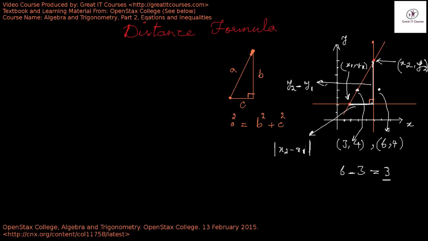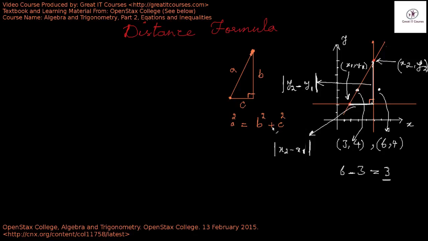And because I don't want to get any negative values, because you do not use a negative value for a length, a length is always positive, I write it as the absolute value of y2 minus y1.